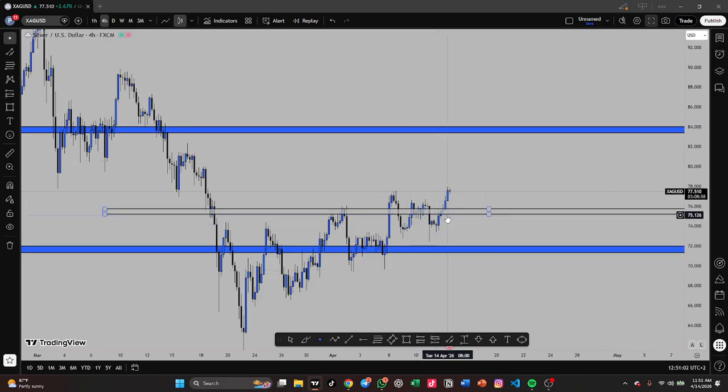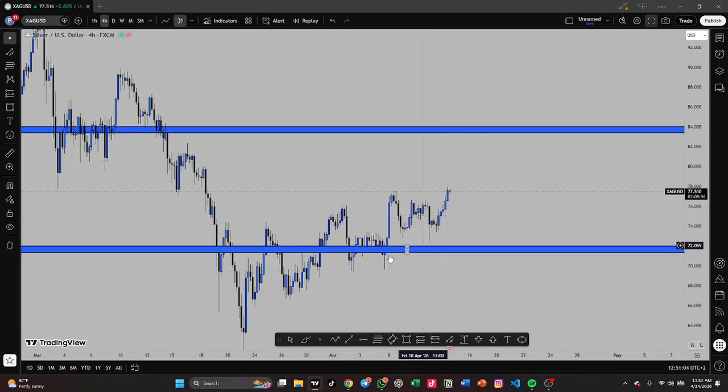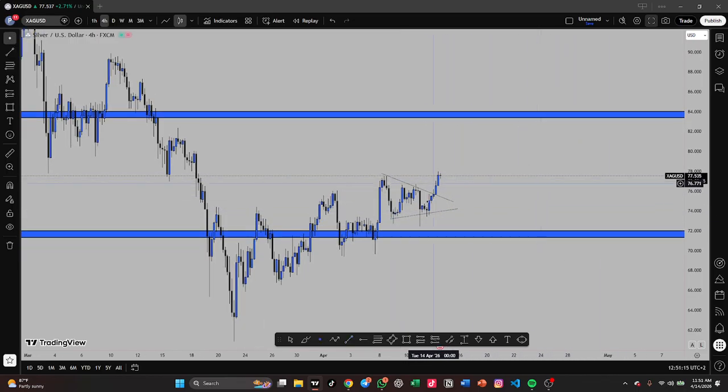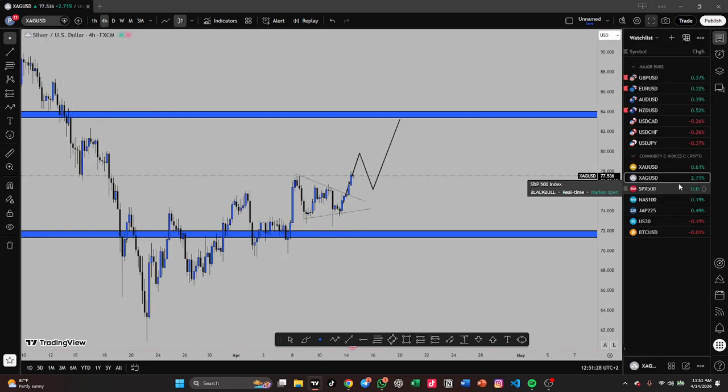In fact, let me remove this first. There is a pattern here. So if you can have a retracement of this pattern, price can still push higher and then wait for retracements, maybe this level, and then we can look for a bullish opportunity. So that is my view on silver.